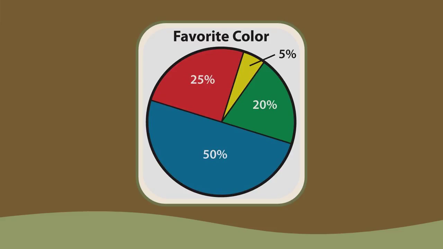This graph is about favorite color. We can see that 50 out of 100 like blue, 25 out of 100 like red, 20 out of 100 like green, and 5 out of 100 like yellow.